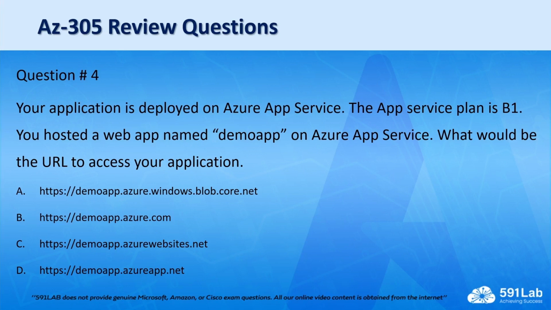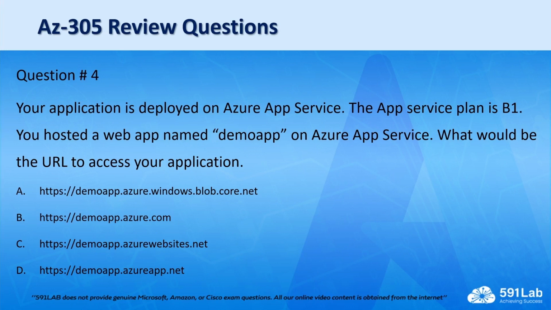One is to use the browse option, and the other one is to type or copy the URL of the Azure App Service. And the URL of the Azure App Service, even at the time of creation, we have seen this, always ends with azurewebsites.net. So among these four options, whichever option has azurewebsites.net should be our answer. Let's have a look at them.